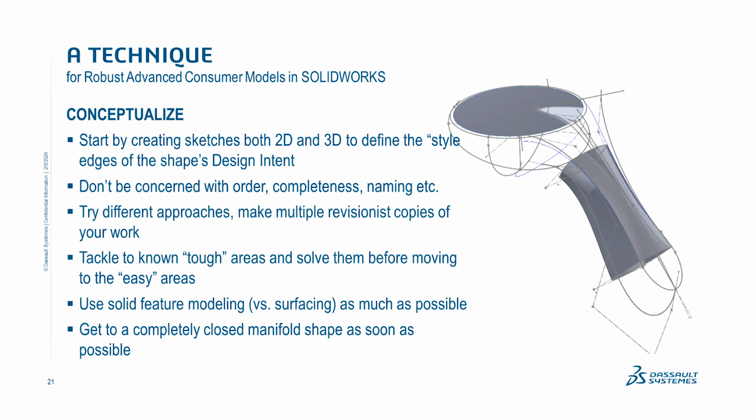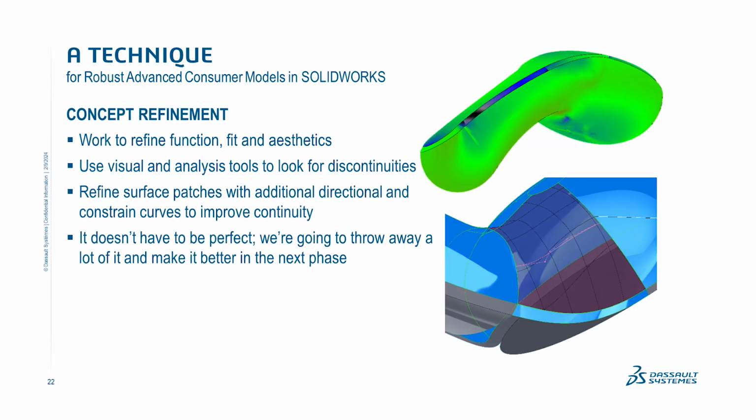So really the toughest part of this controller is the transition from the elliptical shape up front to the handle. But I do want to establish, as I conceptualize, I don't worry about that. So in my conceptualization, I build some of the surfaces I know how to build. So the dome, the fill dome on top, the section of the handle, these are easy to do. And so I establish those along with the curves that define them, and then I work on the tough areas.